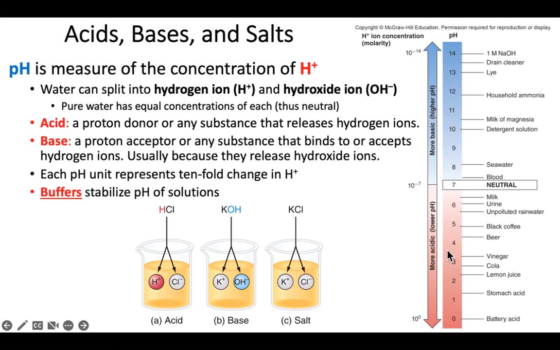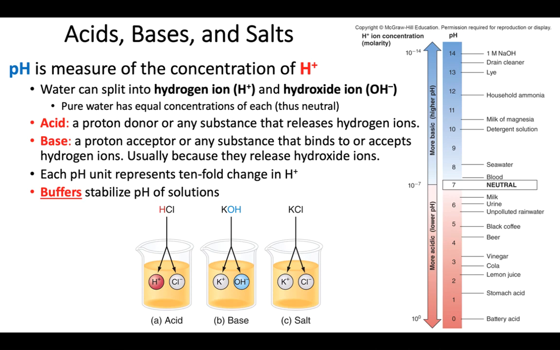All right? So here's the scale. The pH scale goes from 0 all the way up to 7 and then up to 14. 7 is neutral. All right, so pure water is neutral because you're going to have the same amount of these as you do these. All right, now you're going to have a lot of H2O, right? But sometimes that molecule breaks into hydrogen ions and hydroxide ions.